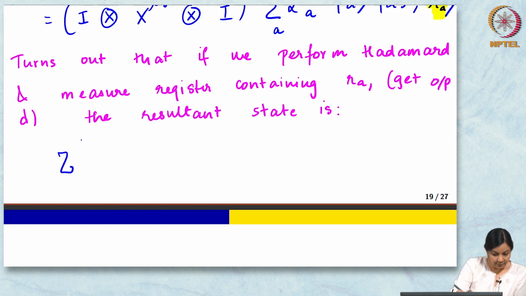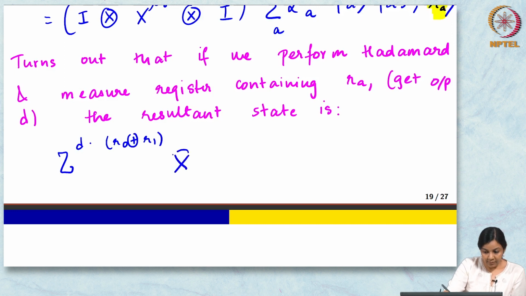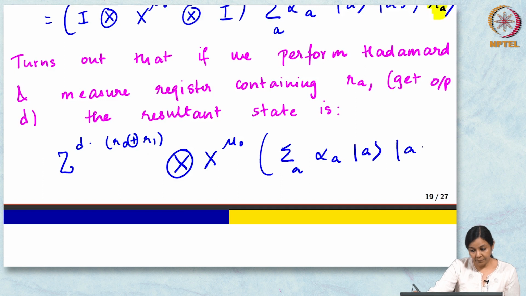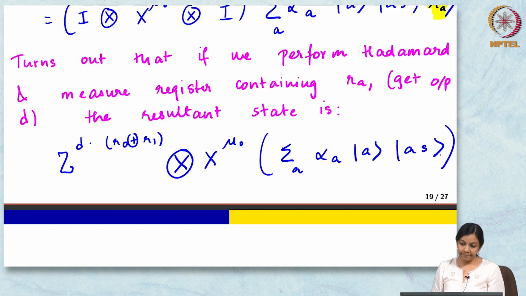It looks like this: Z to the D (R0 XOR R1) tensor X to the mu 0, summation over A, alpha A, AS, which is exactly what I wanted.